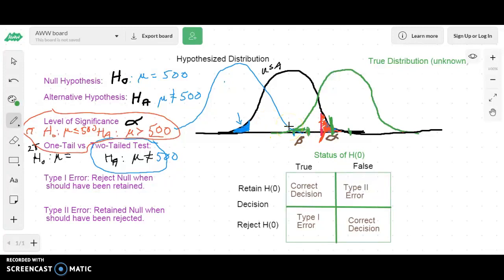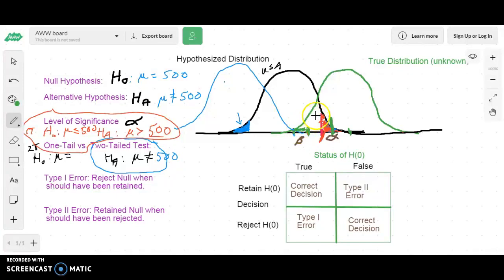We're going to say that our data did not produce information for us to say that there's a statistically significant difference between this sample from New Jersey and the population of the United States. So again, if our sample falls in this region, we retain the null hypothesis.